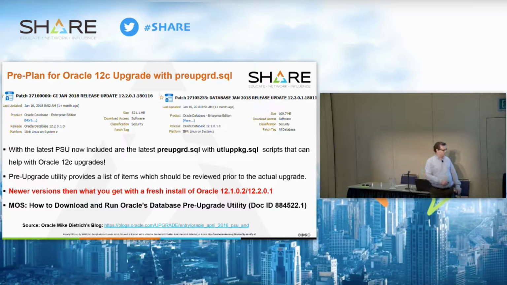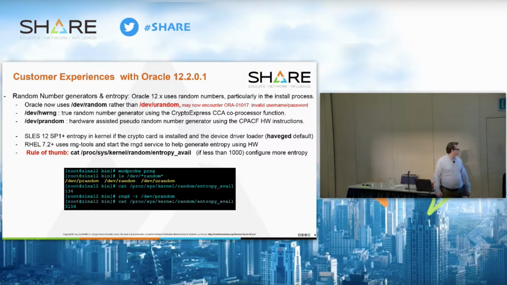If I had run this script ahead of time, which checks out the database and says you need more memory, or this parameter has been deprecated, or this change needs to get done, it would have been a lot easier. Even I missed this a couple of times, so it's a reminder for myself as well: make sure you run this utility.